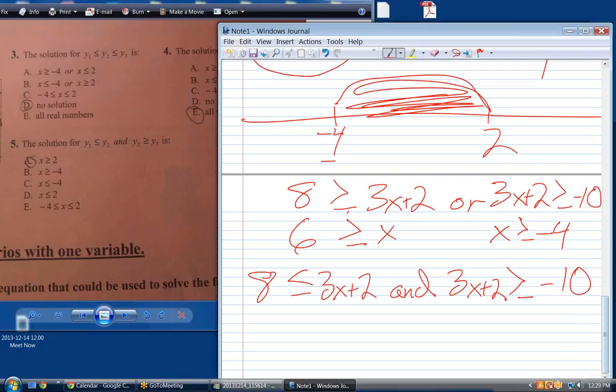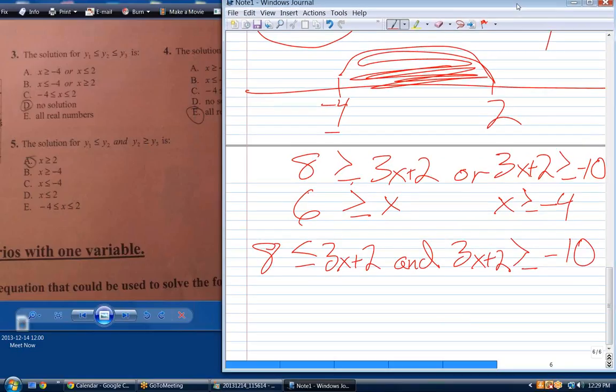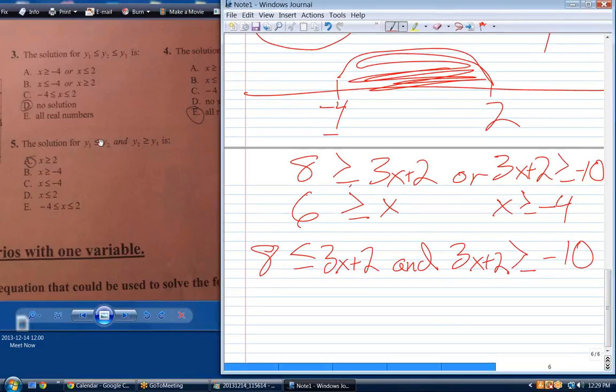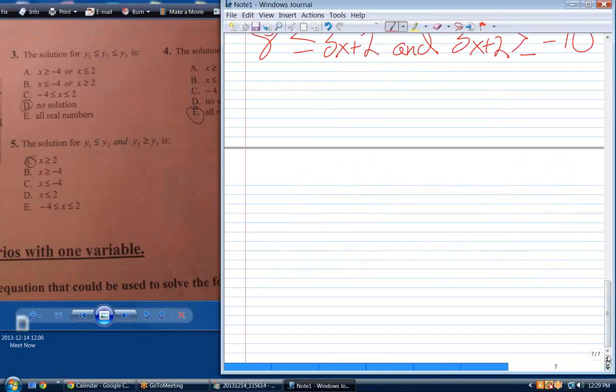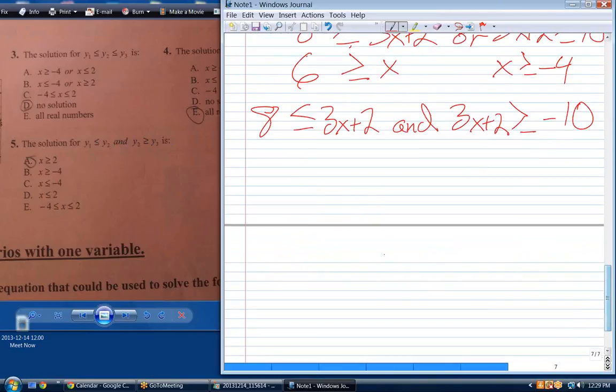Right? Yep. Whereas this is kind of a combination. One is less than and the other is greater than, and we have an and instead of an or. So if we solve each one, we get x greater than or equal to 2 and x greater than or equal to minus 4.